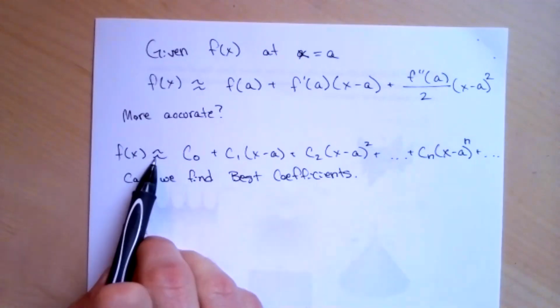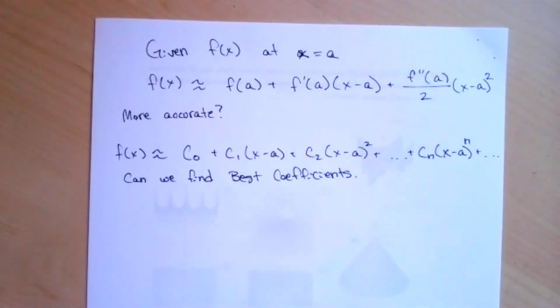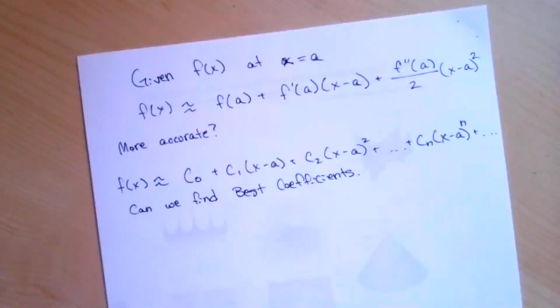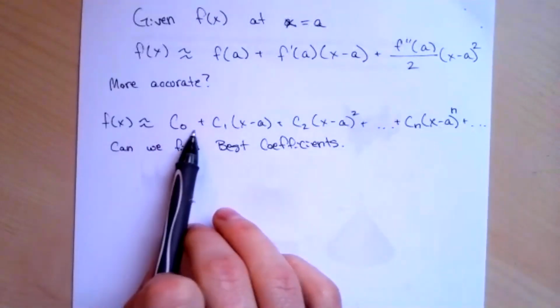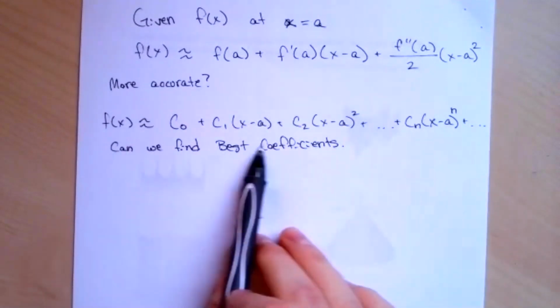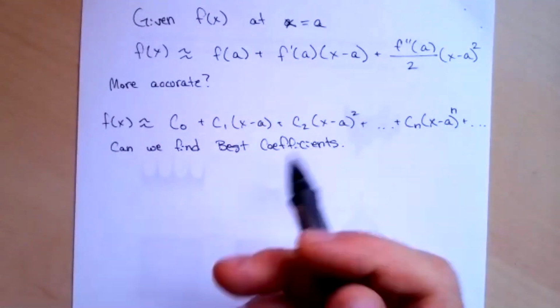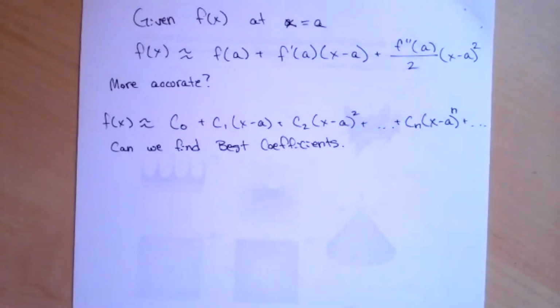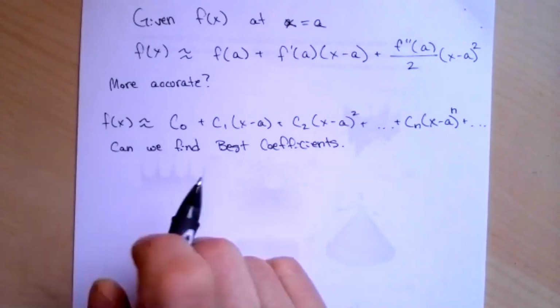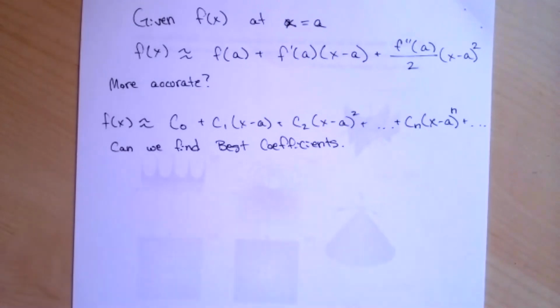Well, I have this approximate sign equal there. At the point a, we could declare absolute equality. And if we knew something about the radius of convergence of the series we're trying to define, we can actually prove that those two things are exactly equal. So assuming we're in a nice enough radius of convergence and that we do want equality, we can essentially find a formula for these coefficients.